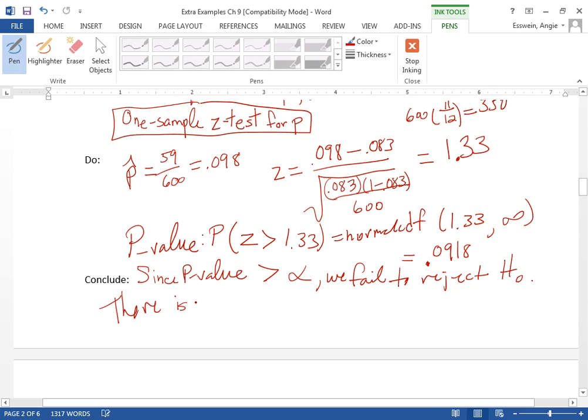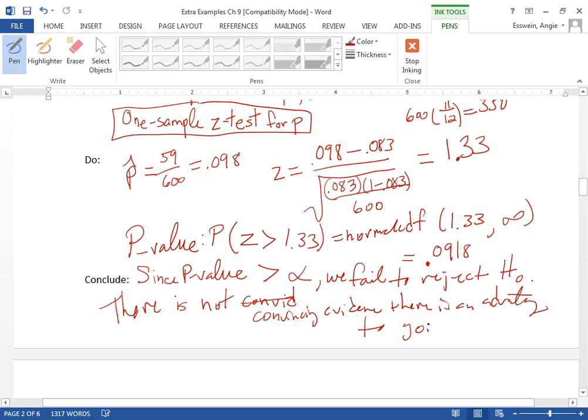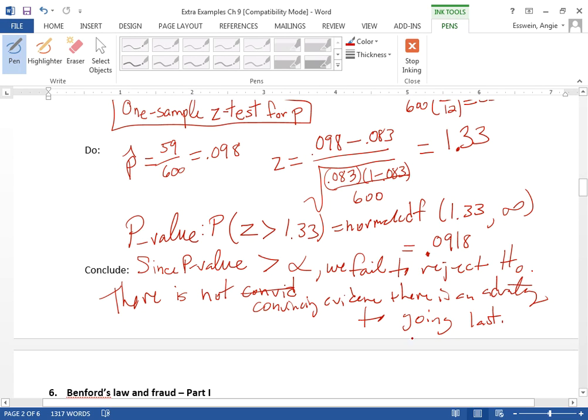You'll often see it worded this way as well: there is not convincing evidence there is an advantage to going last. Or however you want to say it, but do say something that matters in context.